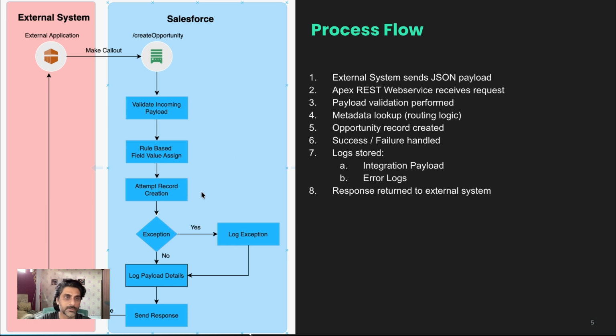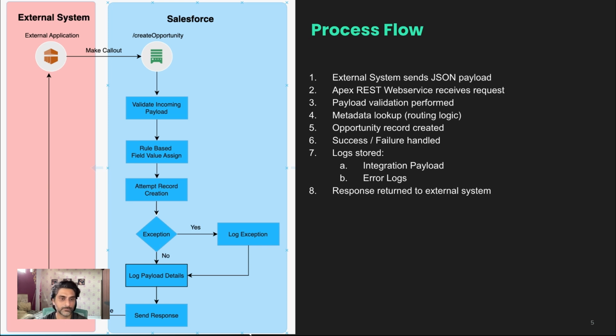Before that, I'm just giving you a process flow diagram of how the data flows through the system and validation happens. Once the field population is executed and all the fields are populated, we try to create the record, but we also have an error handling mechanism. Because of some internal validations or changes on the schema, if there are any exceptions, the exception log is captured on a separate object.